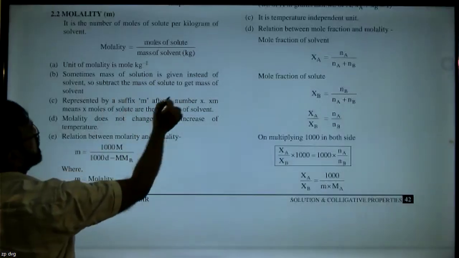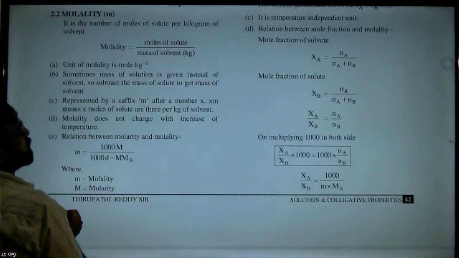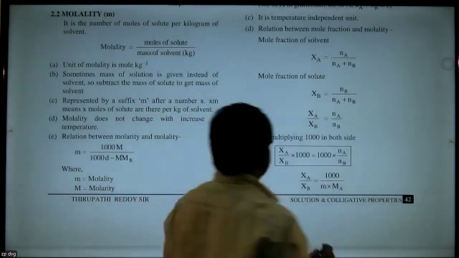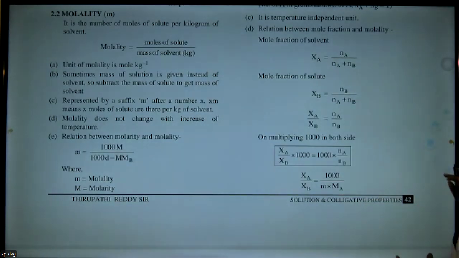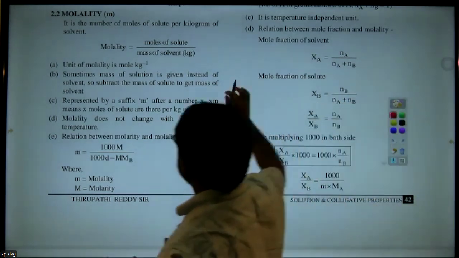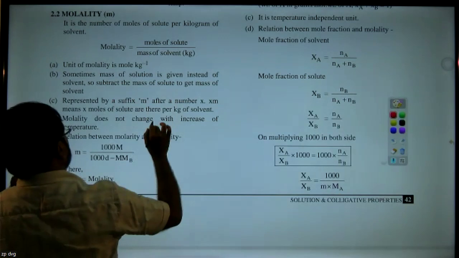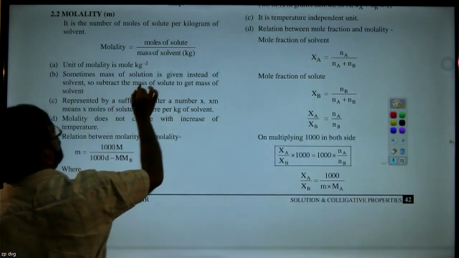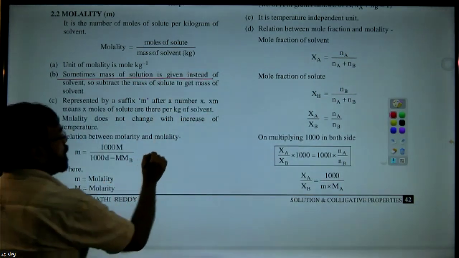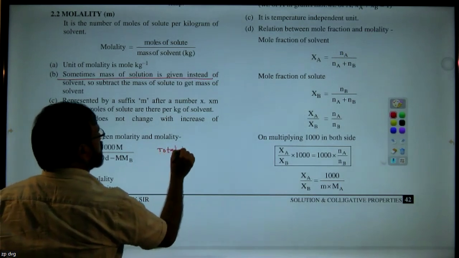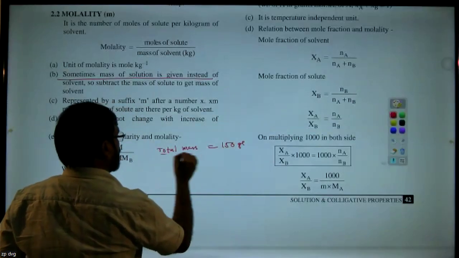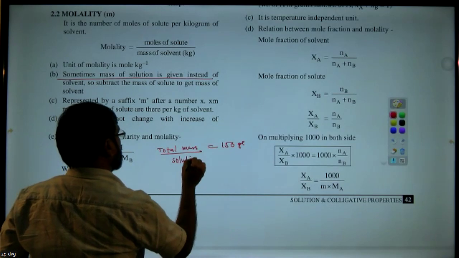Sometimes mass of solution is given instead of solvent. So subtract the mass of the solute to get the mass of the solvent. Here it is the important point. Sometimes in the question, they are going to provide only the mass of the solution instead of the solvent. For example, total mass of solution is equal to 150 grams.